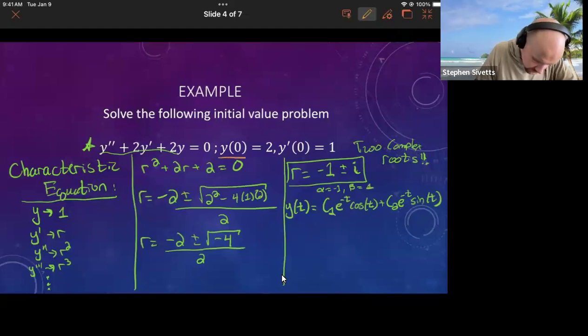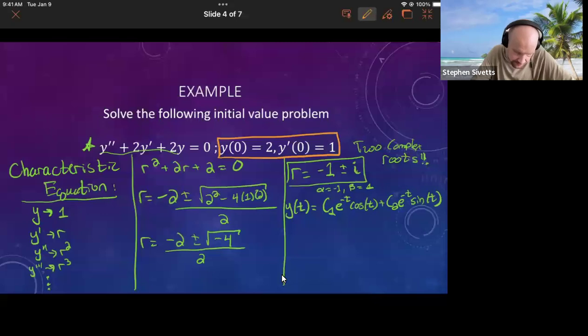Now, what we need to do next is use the initial conditions to solve for C1 and C2. First of all, when t is 0, we'll have C1 plus C2 times e to the 0, which is 1, times sine of 0, which is 0.